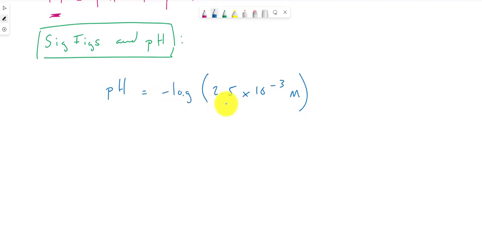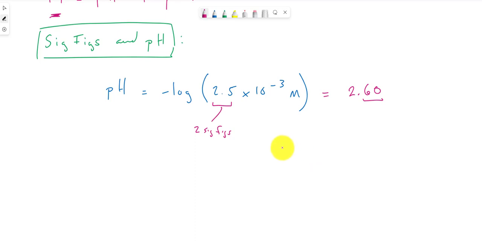You would simply take the negative log of that, and that would give you some value. But how many digits do you preserve in this pH value, because you're doing a mathematical operation? This isn't addition, subtraction, multiplication, or division like you did before. A slightly different way to think about this. If we were to pop this into the calculator, negative log of 2.5 times 10 to the minus 3, we'd end up with 2.6000.